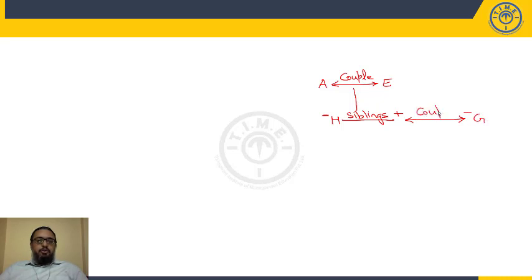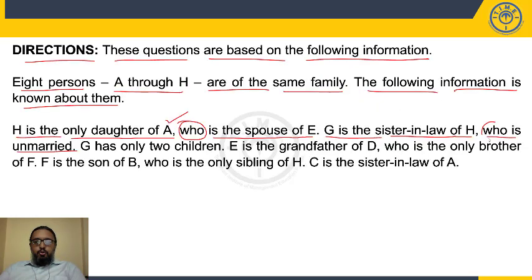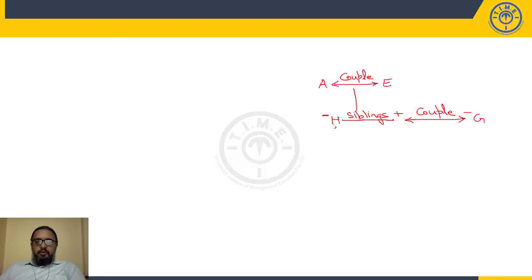They are a couple. Now I don't know who that brother is for now. Let us keep it that way. Then G has only 2 children. So this couple again will have 2 children. So they are siblings.